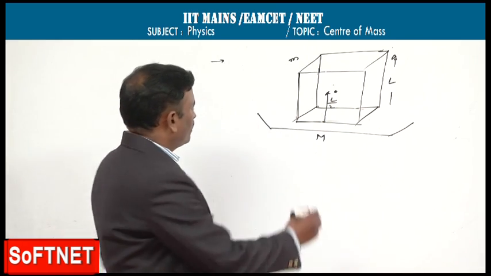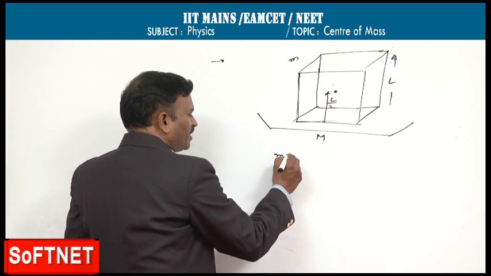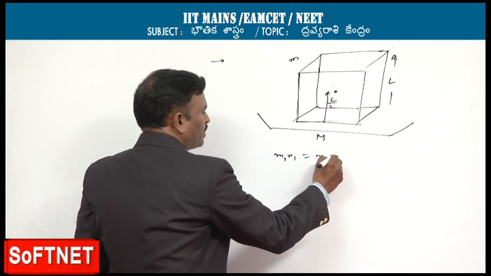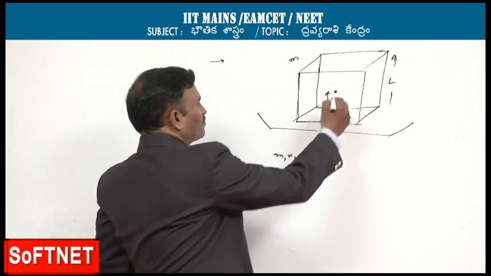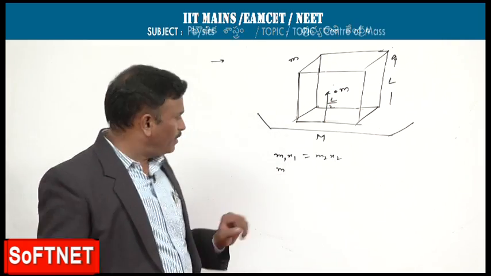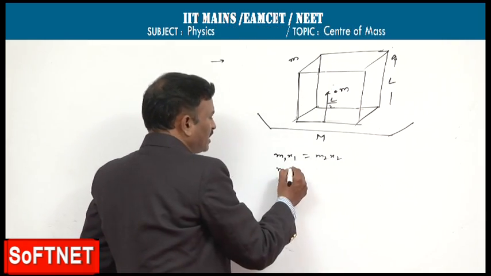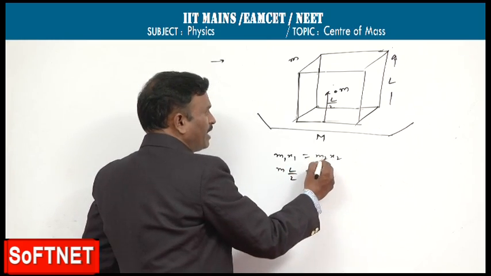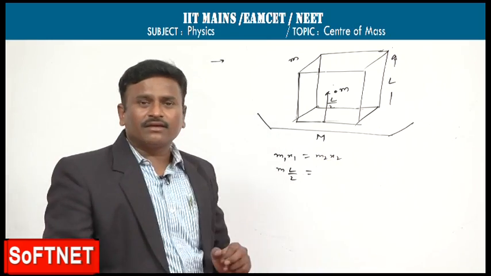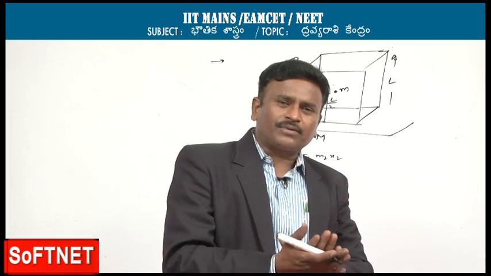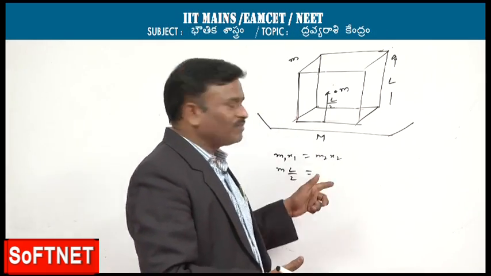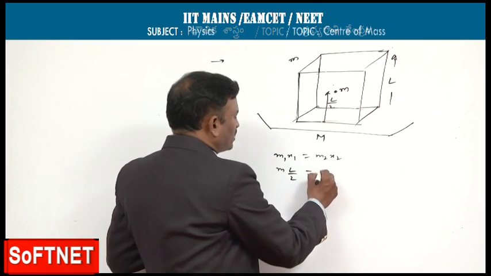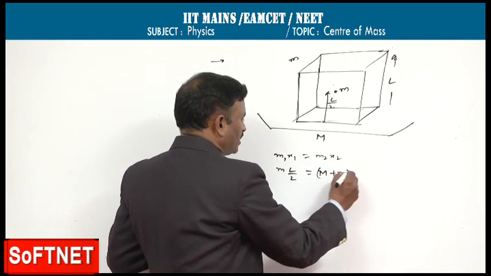Let us see. Same formula, m1 x1 is equal to m2 x2, where m1 is the mass of the ice cube and x1 is where it was, at L by 2 distance. m2 after melting is capital M and small m together, and the center of mass becomes one point, that is capital M plus small m into x2.